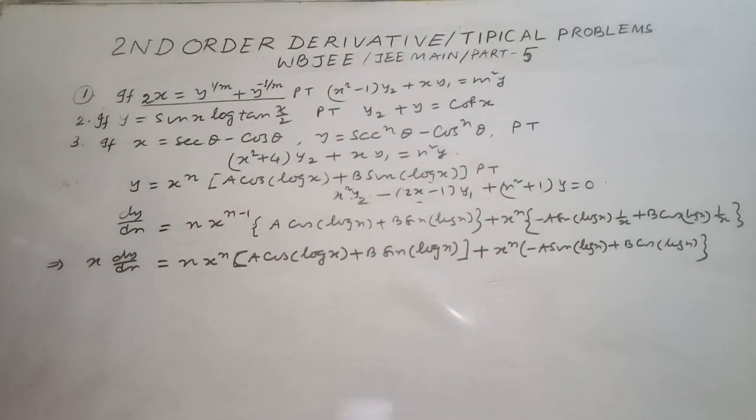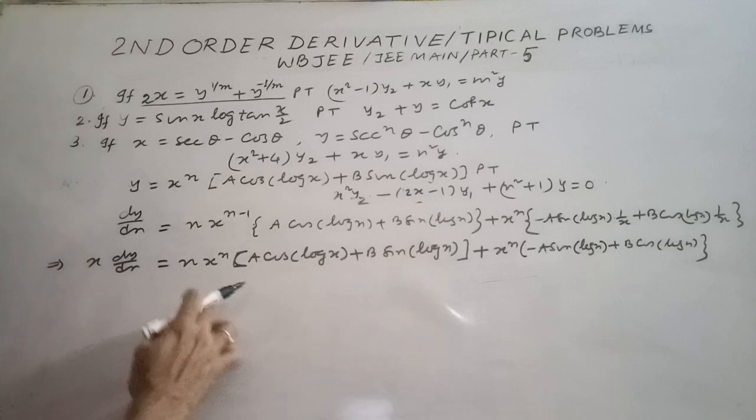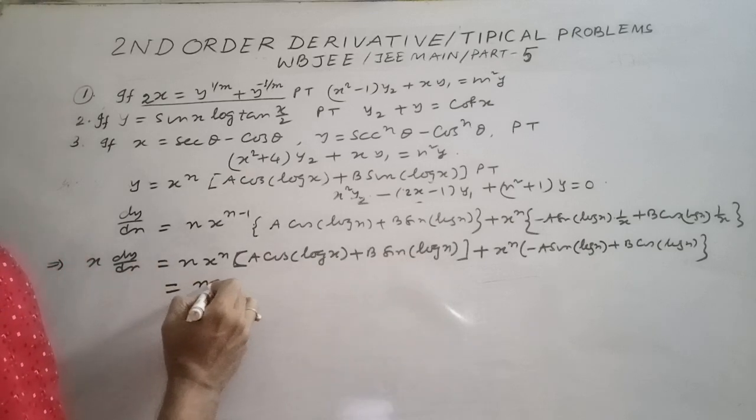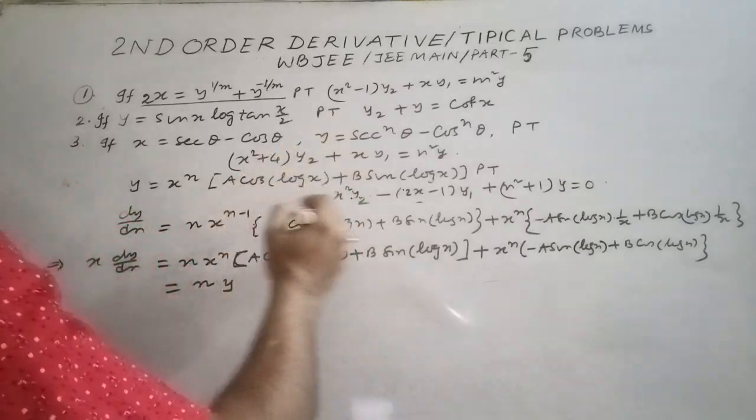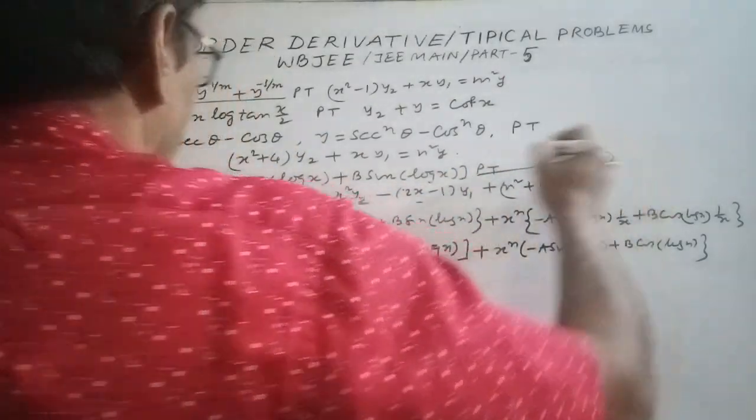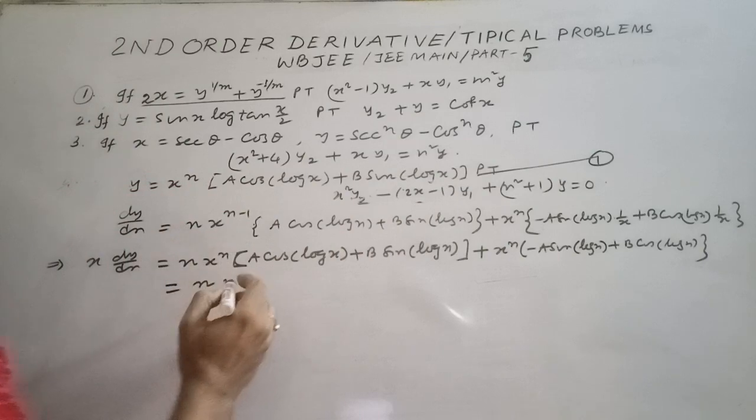Now this one is y, so this is n into y from the given relation. So this is n y.